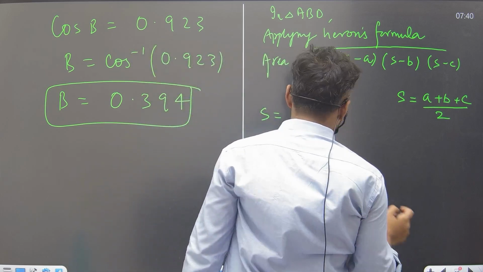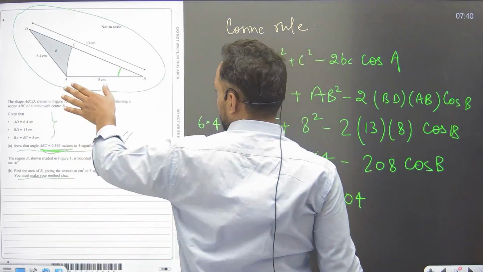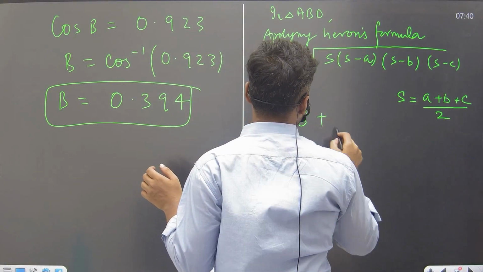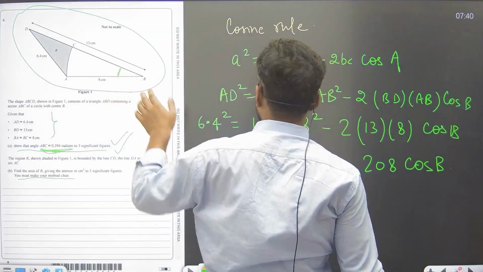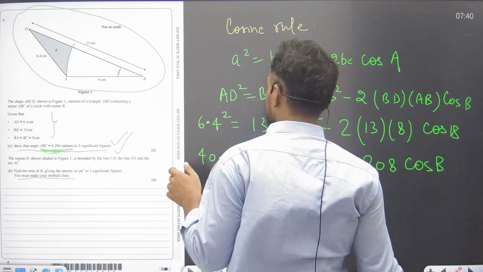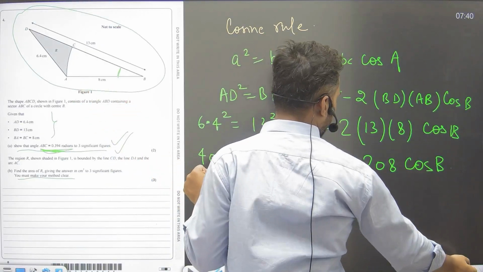Now first what we need to calculate, s. What is s? That is a plus b plus c. So a here is 8 plus b here is 13 plus c here is 6.4.